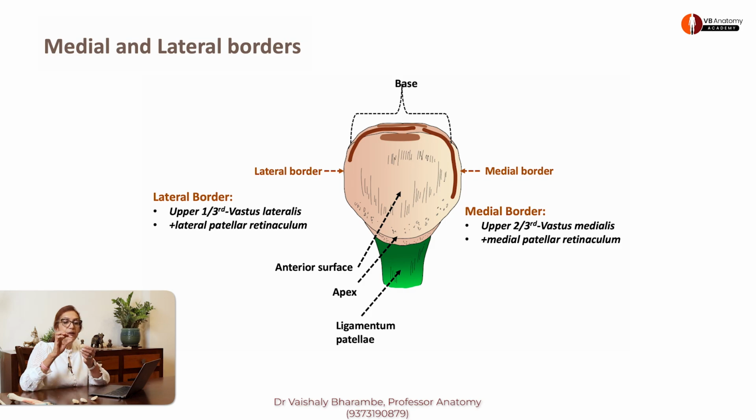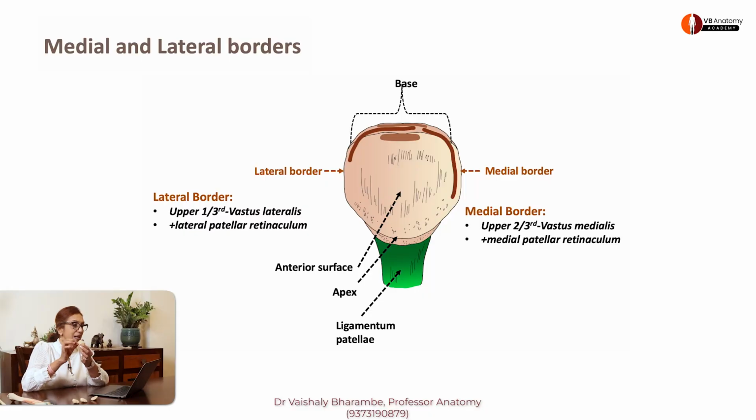So quite a bit on the medial border, your vastus medialis is attached, and the lower part gives attachment to medial patellar retinaculum. Now, on the lateral border, the attachment is only upper 1/3. On the medial side, it's upper 2/3. On the lateral side, vastus lateralis extends only to the upper 1/3. Rest of it is lateral patellar retinaculum.